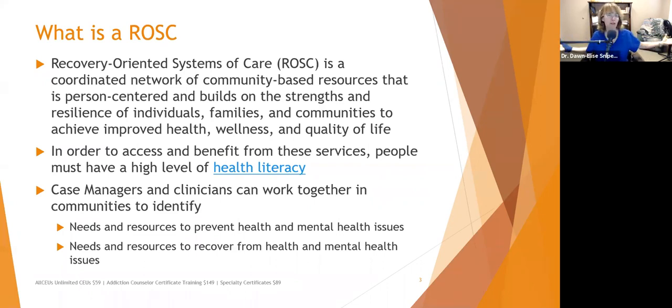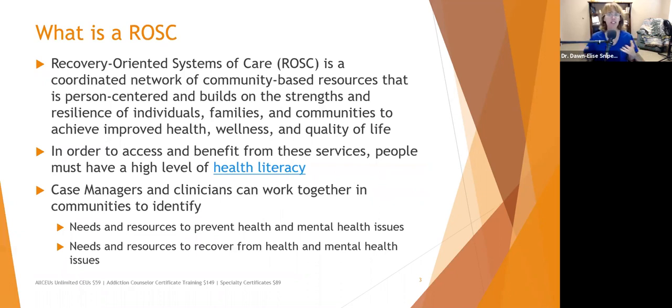So, for example, knowing coping skills and how to get proper nutrition and the importance of exercise and all that general health and wellness behavior stuff is great to prevent problems. But then once problems occur, there's a whole other set of services and interventions and treatments and resources that a person may need to be aware of in order to identify what is most helpful and appropriate for them.